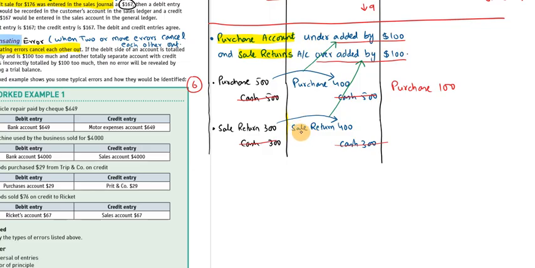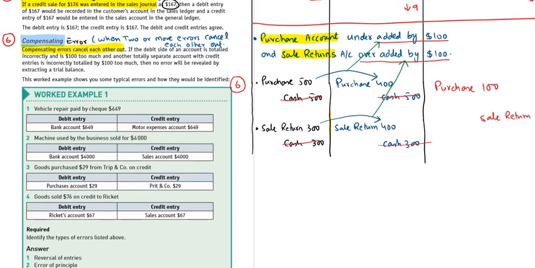It means we will decrease our sale return by 100. So a decrease in sale return means credit the sale return. So sale return is credited by 100. So this is the error of compensation or compensating error. So these are six errors which do not create any impact in the trial balance.